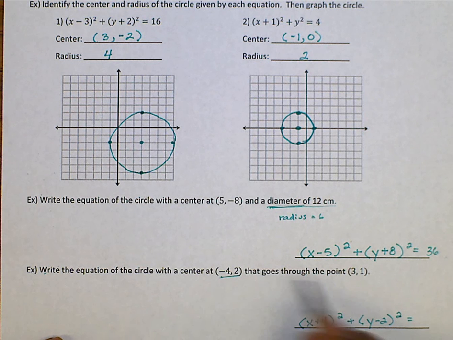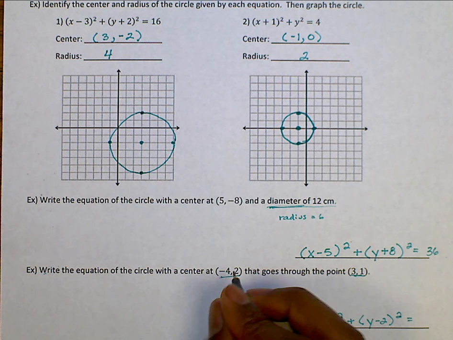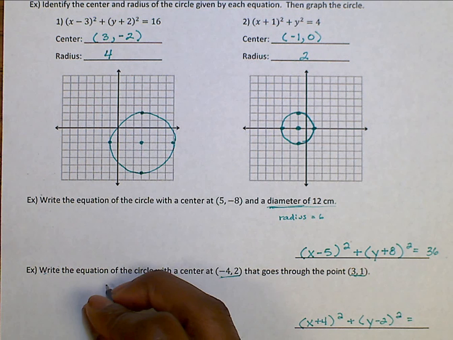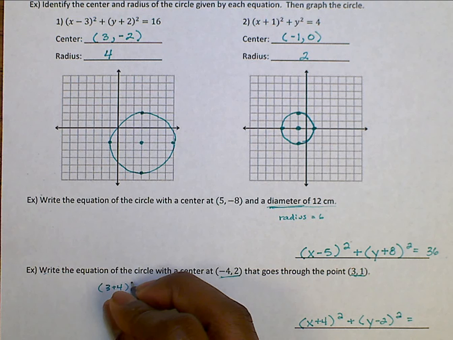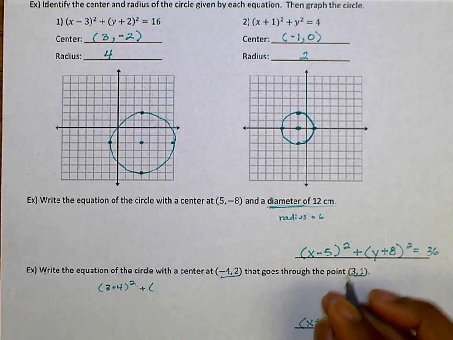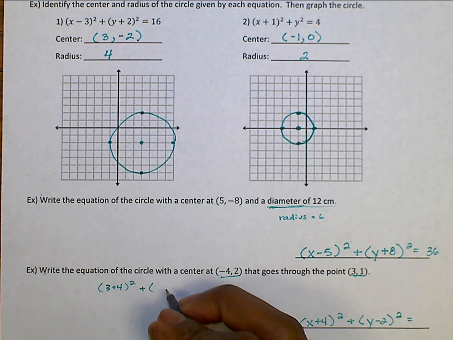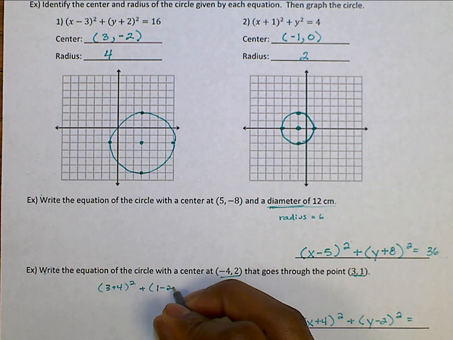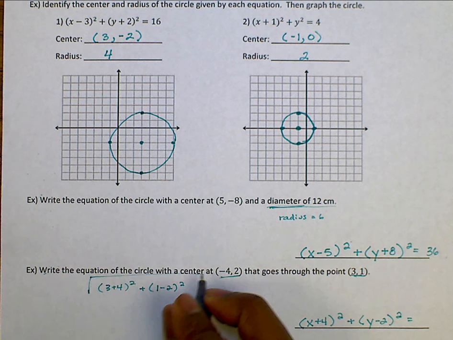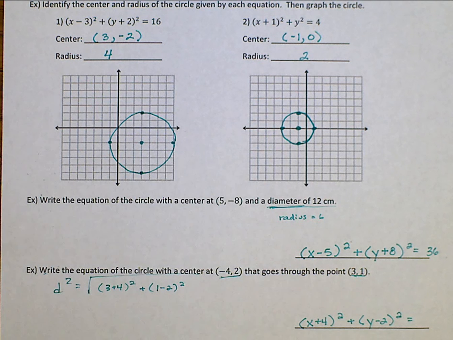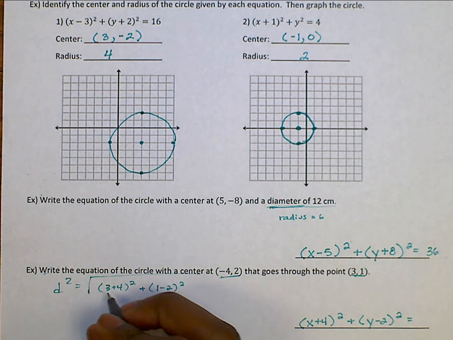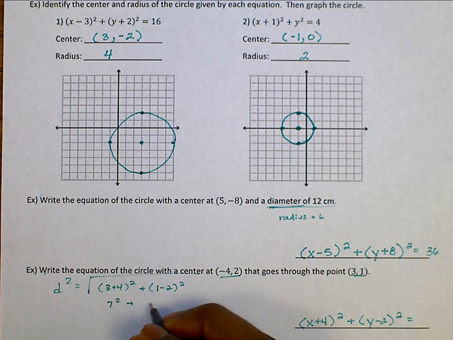So what we're going to have to do is, because the circle goes to the point (3, 1), find the length of the radius, and we can do that using the distance formula. Okay, so we can find the difference of the x's, (3 plus 4) squared, plus the difference of the y's, (1 minus 2) squared, and take the square root of that. That'll give us the distance. As we do that, 3 plus 4 is 7, 7 squared is 49, 1 minus 2 is negative 1, negative 1 squared is 1.